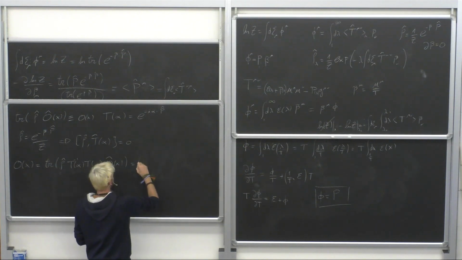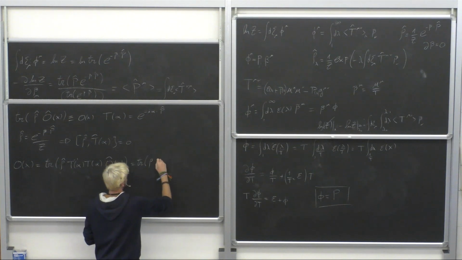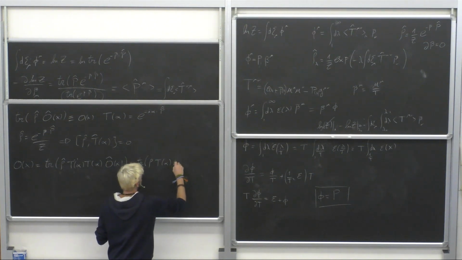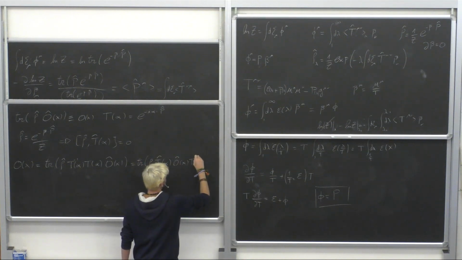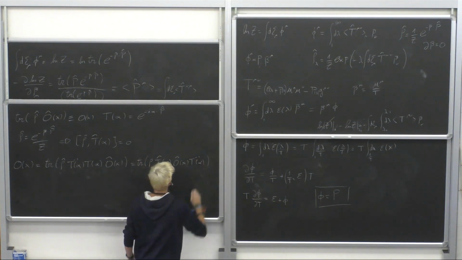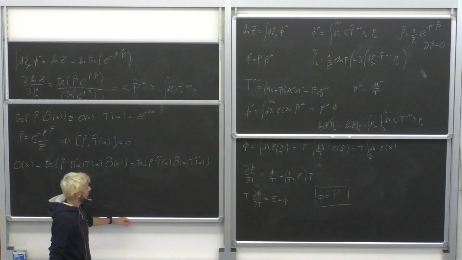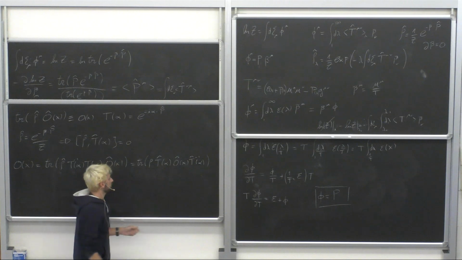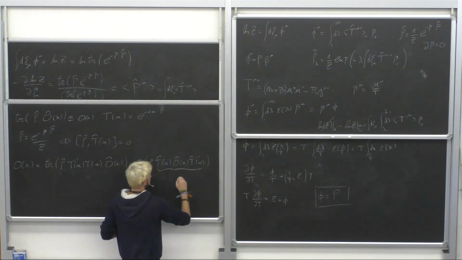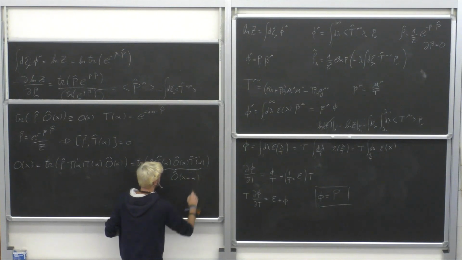This is equal to the trace of rho t alpha, like that. And these are the translation operators, and it means that this is just the operator O evaluated at the point x plus alpha.